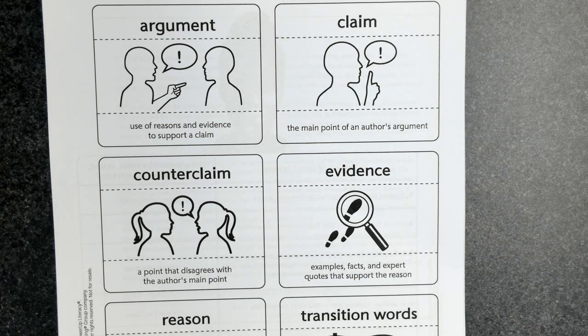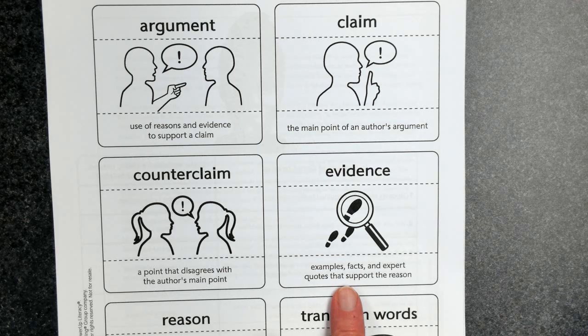And if an author uses a counterclaim, that really adds strength to their argument, okay? Because it means that they've thought about the other side, all right? So just because they acknowledge the other person's point of view does not mean that it's weak, okay?